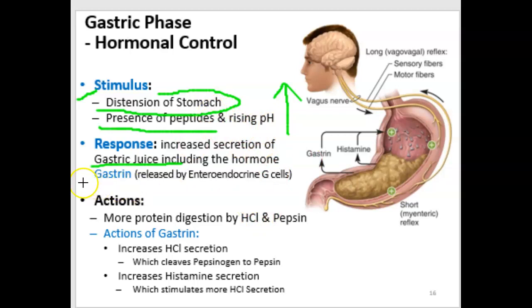And in addition, there's a hormone that's going to be produced in response called gastrin, because the enteroendocrine cells will contribute, or will also be stimulated by the neural control, actually, but by the presence of peptides in this case.